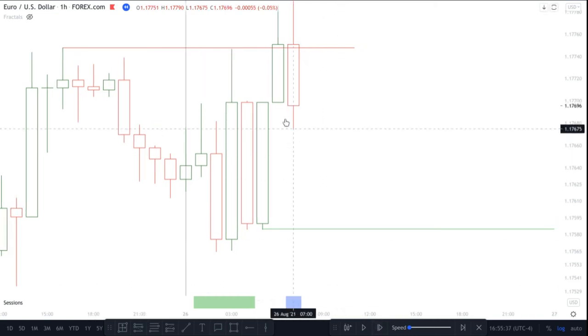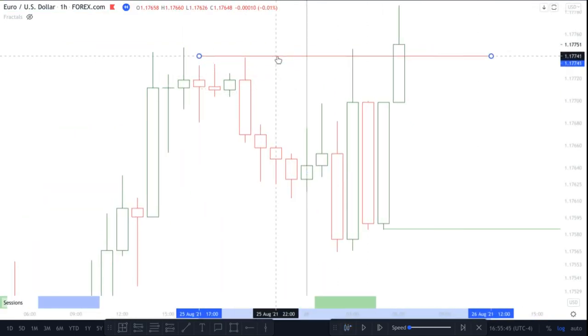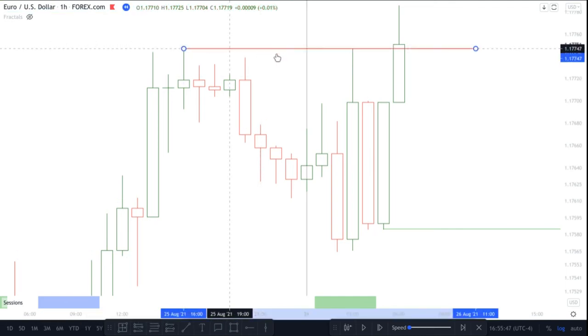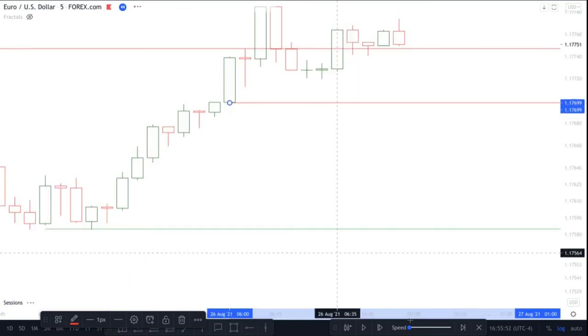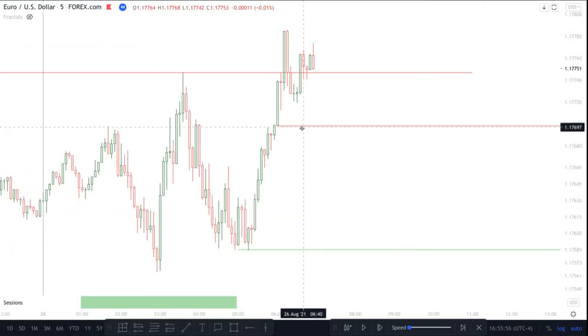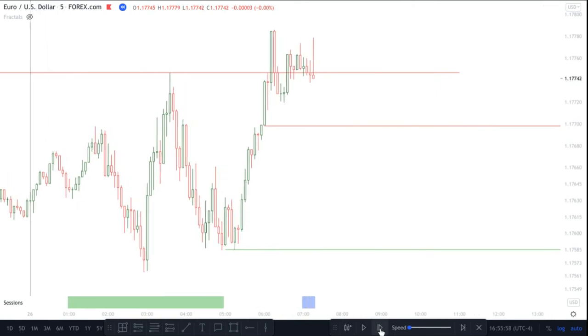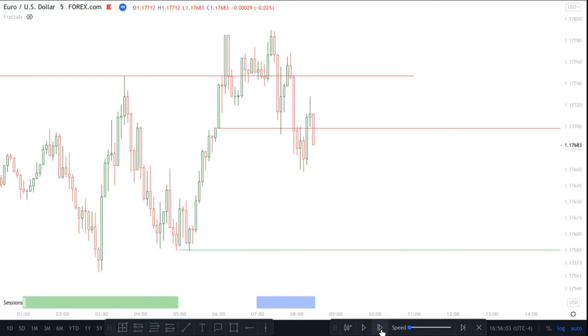Once this low is taken out, actually let's go down to the 5-minute chart immediately. Once this low is violated, we look for an optimal trade entry. You see how quickly price does it.